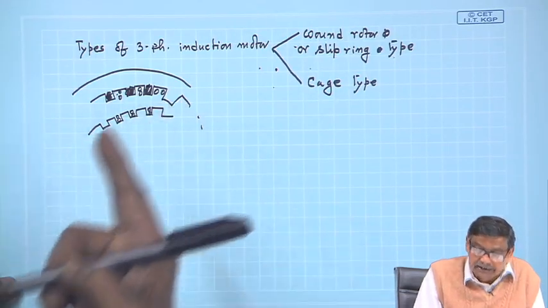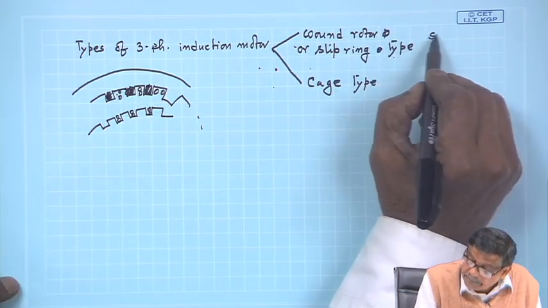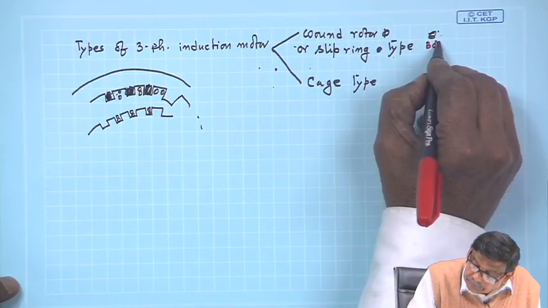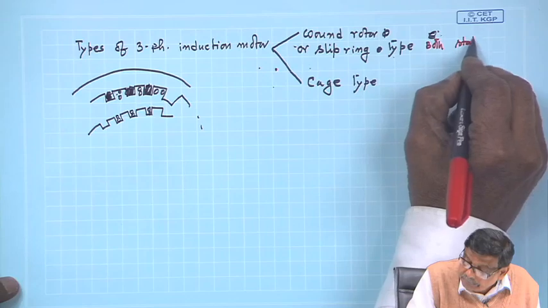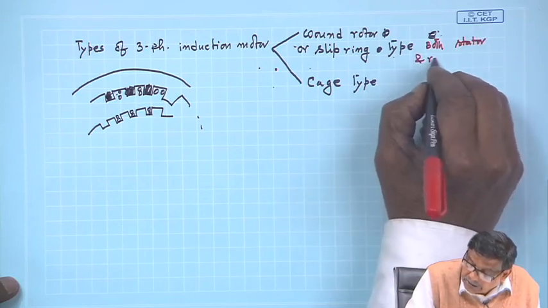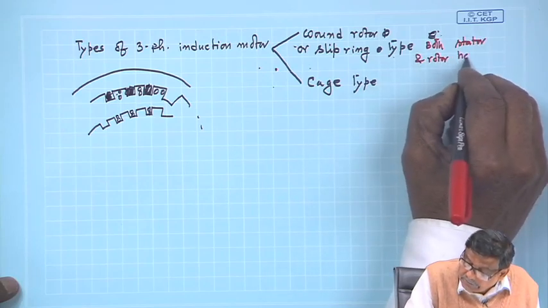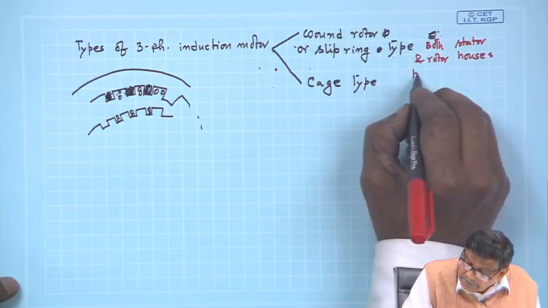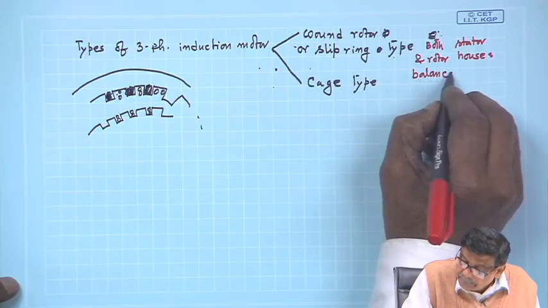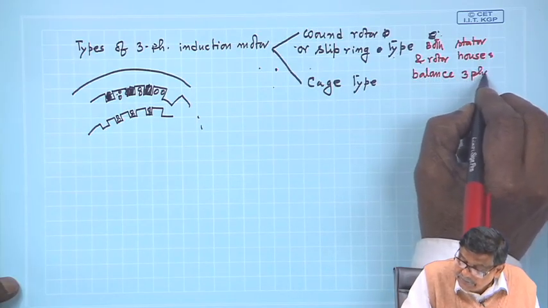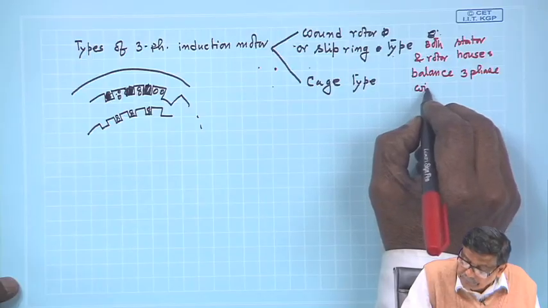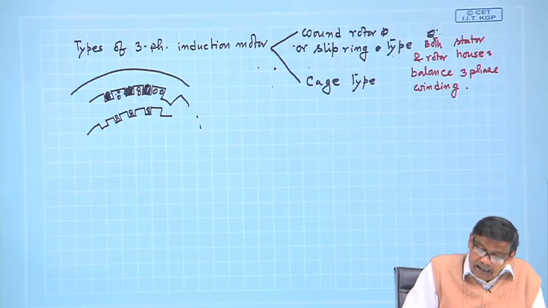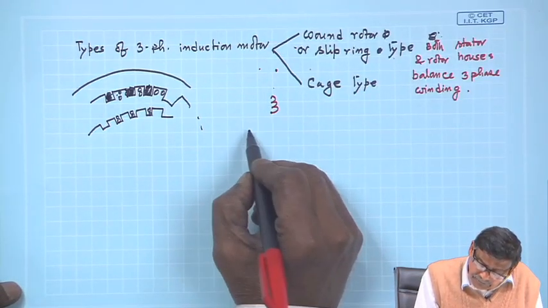So, both stator and rotor in this machine house balanced 3-phase winding, both of them, and that is why I was drawing like this.